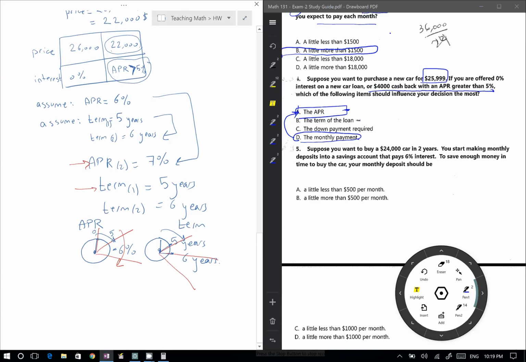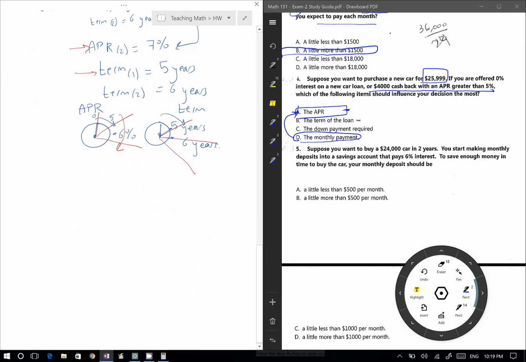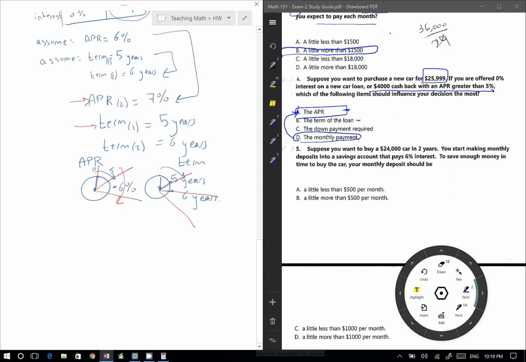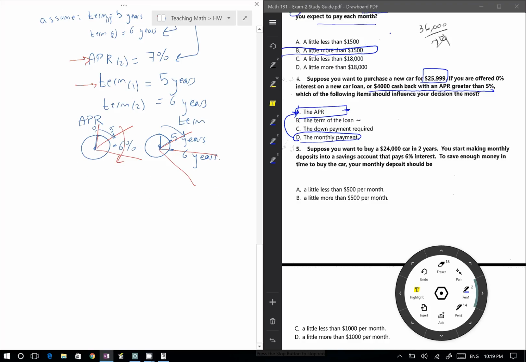Okay, so what I need to do, back to my assumptions. So let me do the easy one first. If interest is equal to 0, monthly payment. I will do the 5 years.